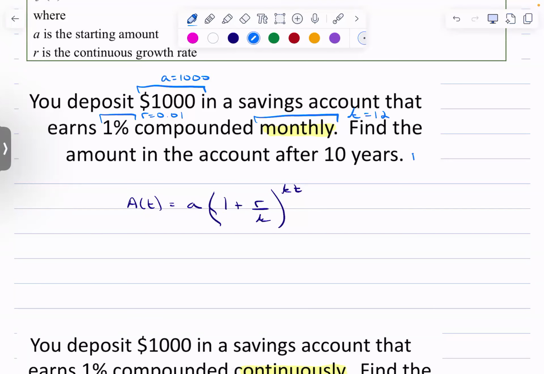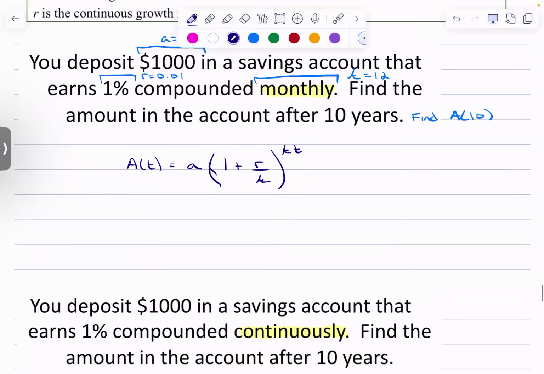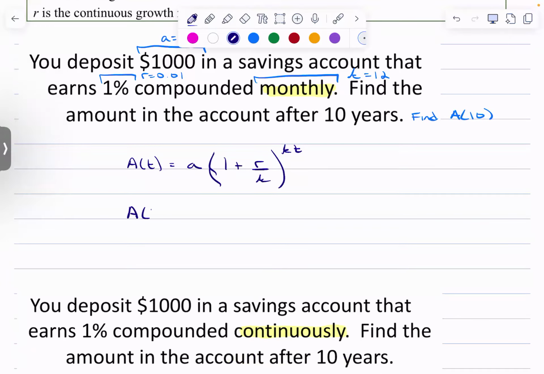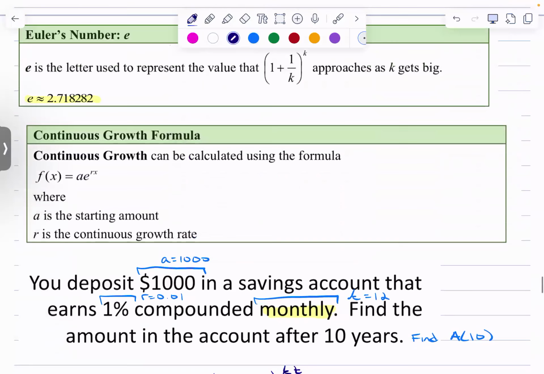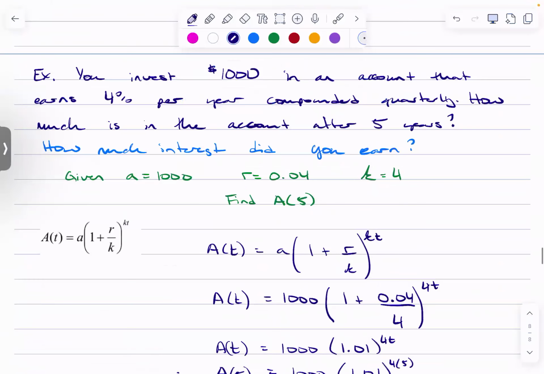And we want to find A of 10. I'm just going to jump right to it. A of 10 is 1,000 times 1 plus 0.01 divided by 12.